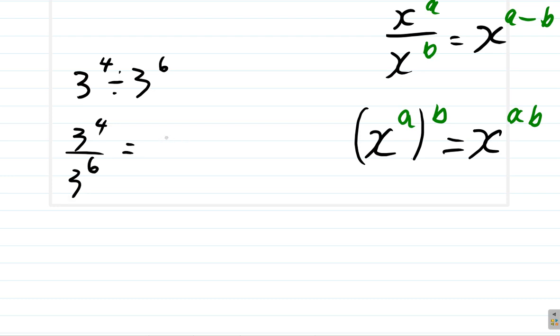What would happen? According to the second law, x to the a over x to the b is x to the a minus b. So 3 to the 4 over 3 to the 6 is 3 to the 4 minus 6. 4 minus 6 is what? It's negative 2. 3 to the negative 2.